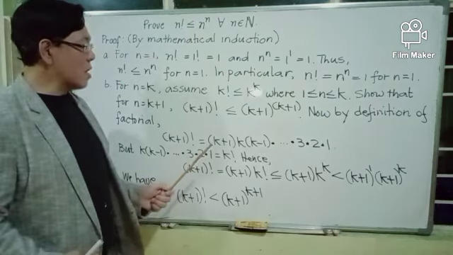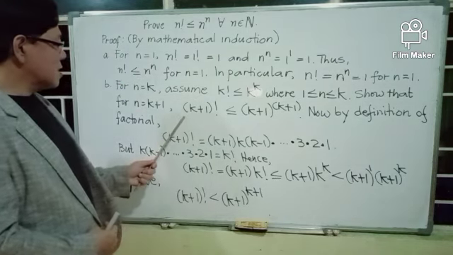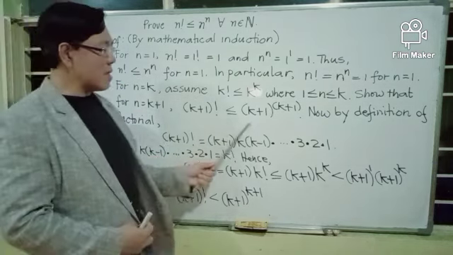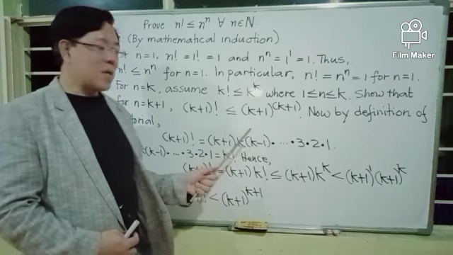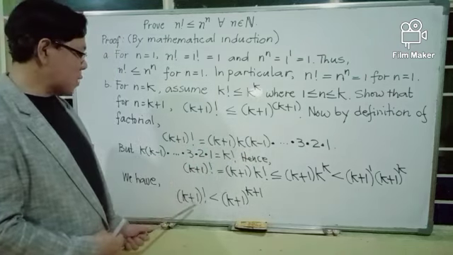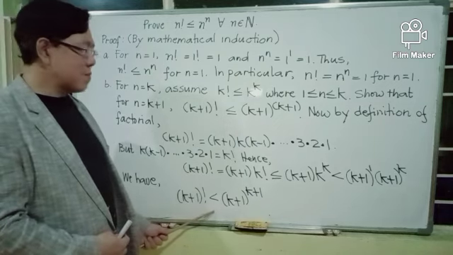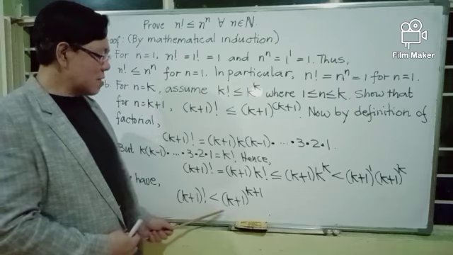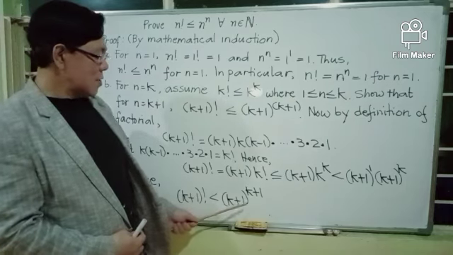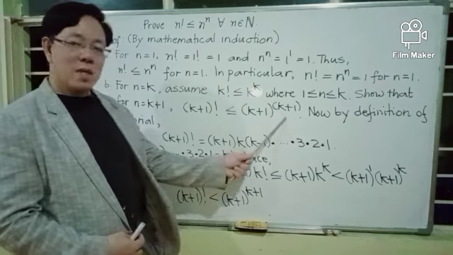We have shown that this mathematical statement is true. K plus 1 factorial less than or equal to k plus 1 to the power k plus 1. In particular, we have shown that k plus 1 factorial is less than. This is still satisfied because we have less than here. Less than k plus 1 to the power k plus 1.